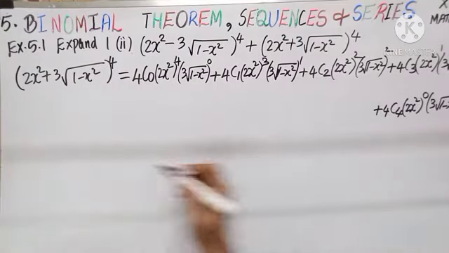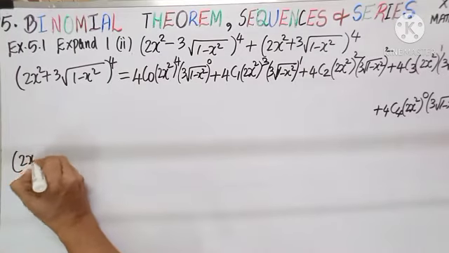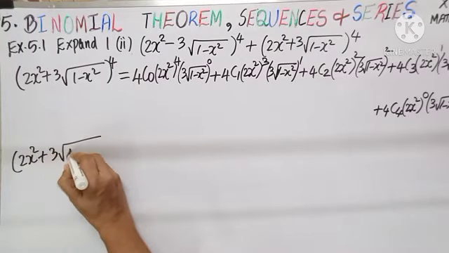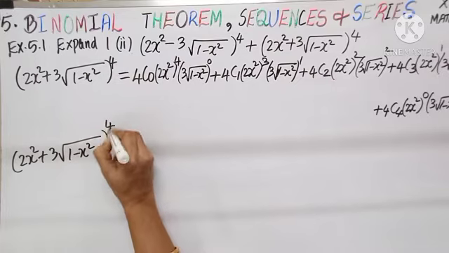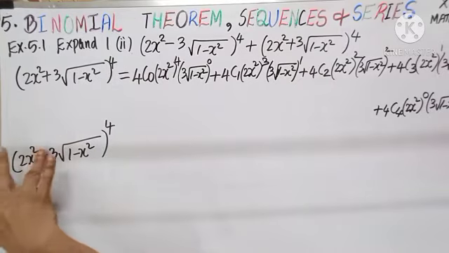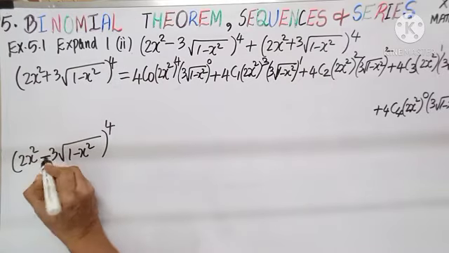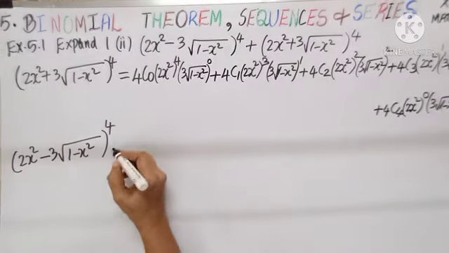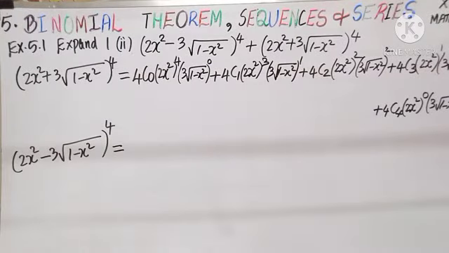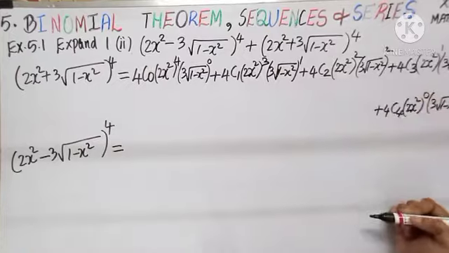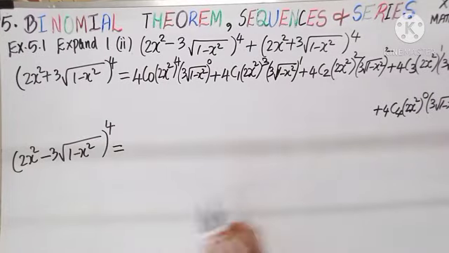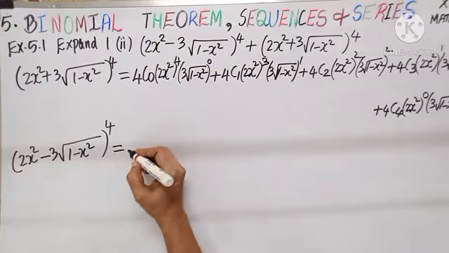As we check the next term, (2x square minus 3 root of 1 minus x square) power 4, instead of the plus symbol it is going to be minus. If I expand, it is the same but alternately positive and negative.